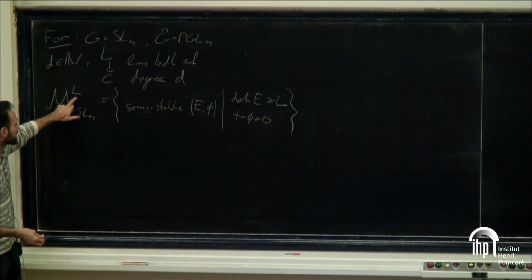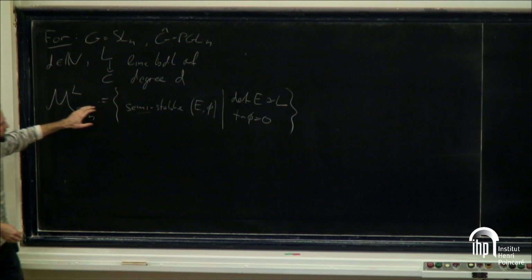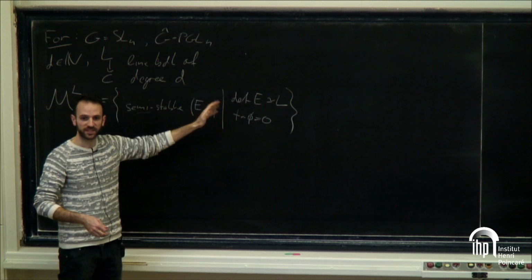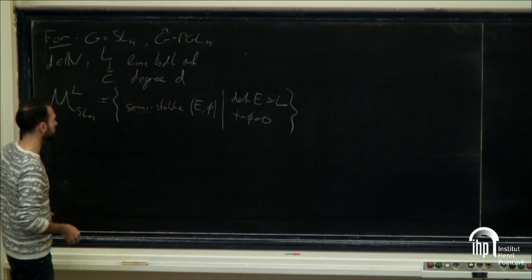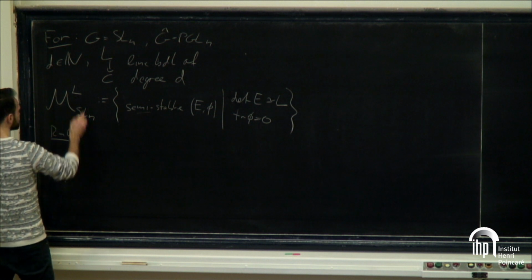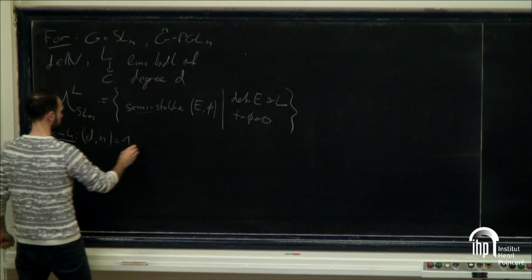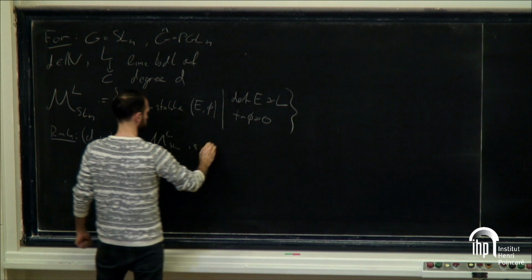And then there's the L. If I had chosen L to be the trivial bundle, then this just means that the determinant of E is trivial, so it's an honest SLn bundle. And the trick to introduce an L, so that's the remark here, is that if d and n are co-prime, then M_L SLn is smooth.